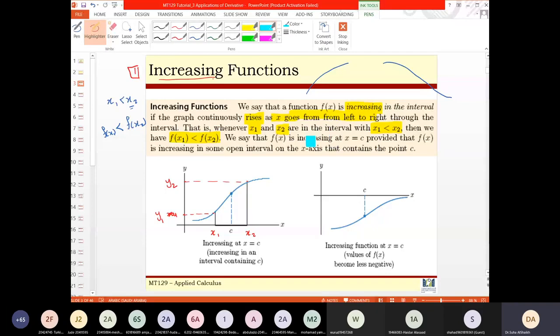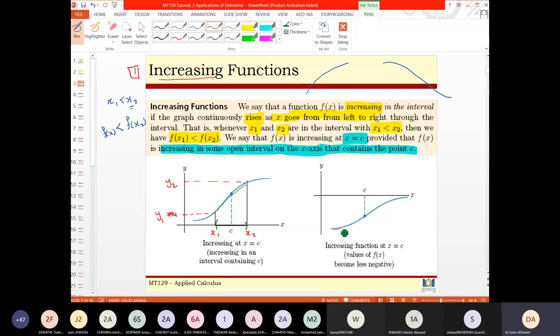Now we say that the function is increasing at a specific point C if it is increasing in an open interval around this point C. If I can find an interval around the point C where the function is increasing, as you can see. Okay, this is another example of an increasing function.